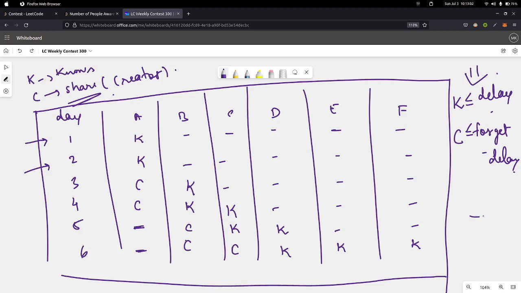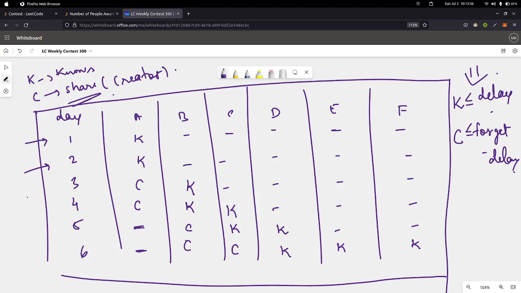And then he's able to share the message starting from day 1 plus delay. It's not 1 plus delay as the end, because it starts from 1 plus delay, right?